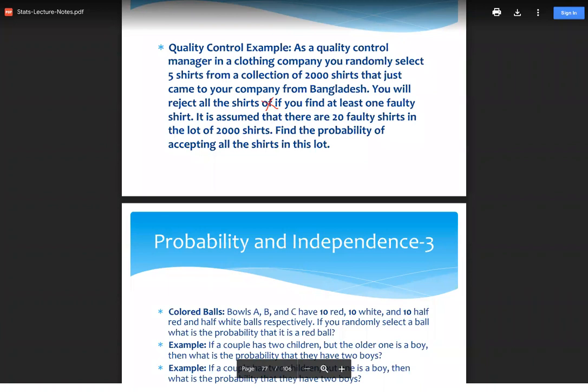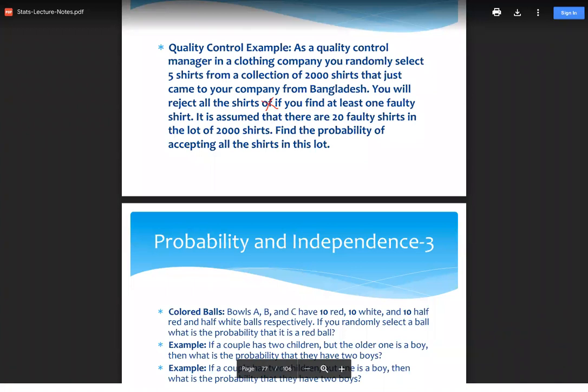So in essence, what you want is all the shirts that you pick, 5 of them, have to be good for you to keep the lot. Otherwise, you're gonna reject the lot. So you're a strict manager. Out of 5, you randomly select. Even if there is one bad t-shirt, you're gonna reject the entire lot.